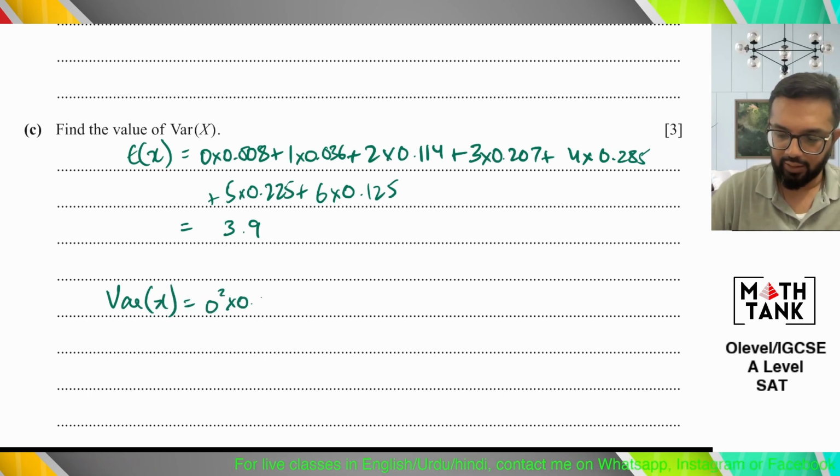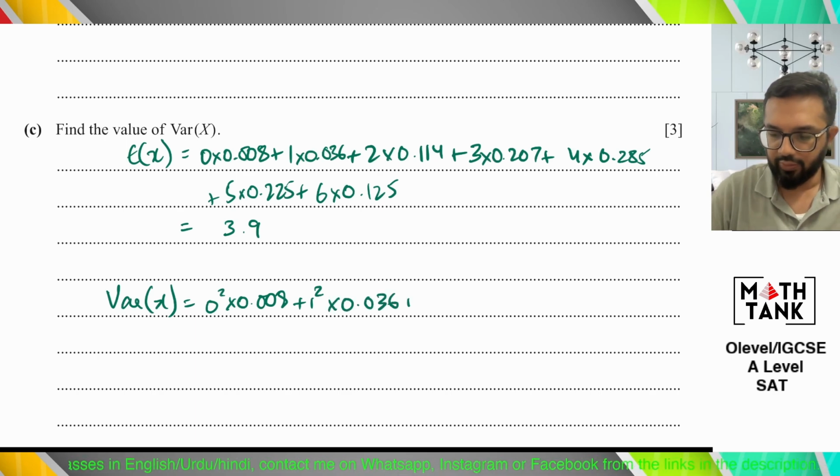Variance is the sum of x squared into the probability, minus the mean squared. This is a time consuming process, not a difficult question.